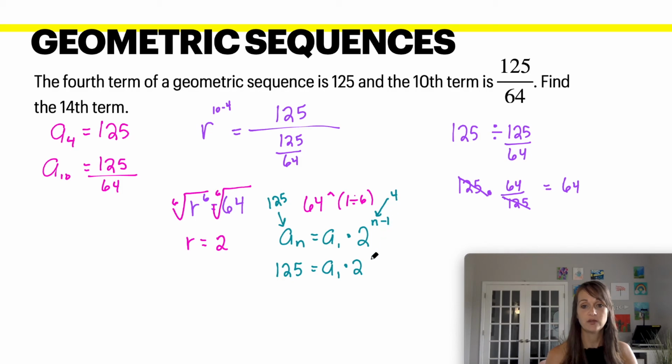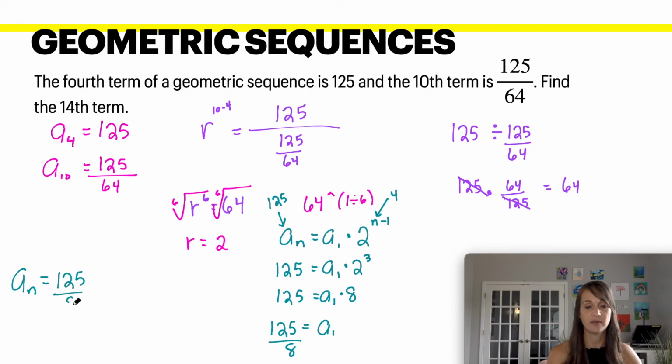Well, 4 minus 1 is 3. 2 to the 3rd power is 8, which means our first term was 125 divided by 8. So our final formula is 125 divided by 8 times r, which is 2, raised to the n minus 1.